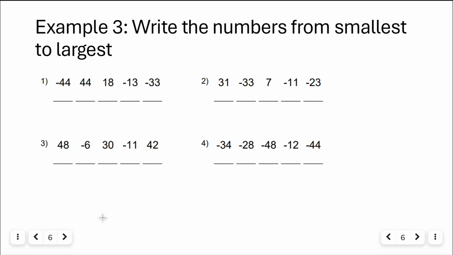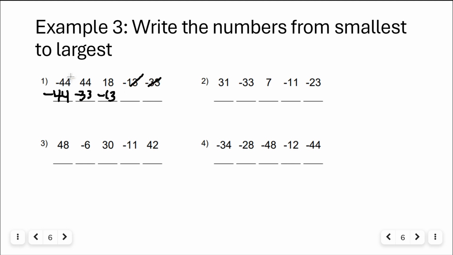Okay, next, we're going to write the numbers from smallest to largest. Here we go. Remember, the larger the negative is, the smaller the number. So we're comparing negative 44, 44, 18, negative 13, and negative 33. Which one is the smallest number? Well, negative 44 is the smallest. Okay, that's the furthest to the left. Next, negative 33. Next, negative 13.